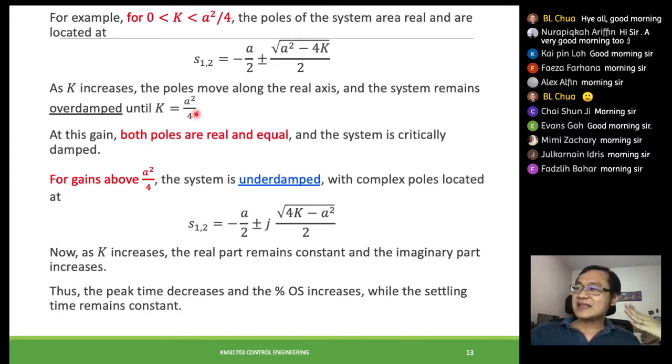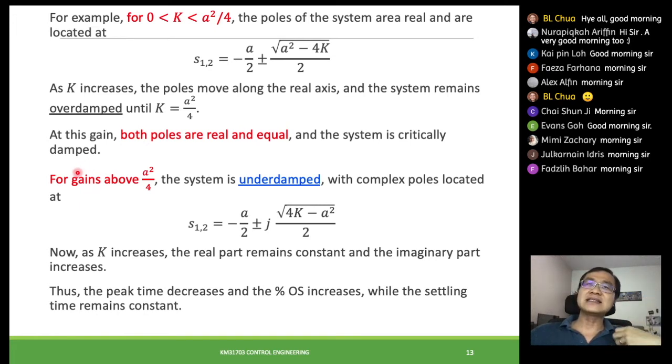Then when the value of K is more than this value, the K value, we call it the gain, right? So that's why we say for the gain above this. From here onwards you have to get familiar with the term called gain.